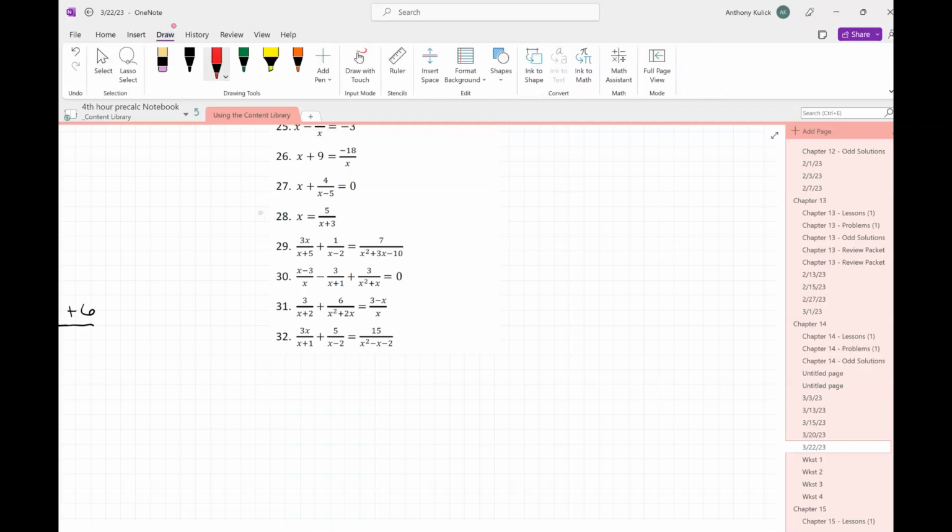I'm just going to pick 32. So what I'm going to do is start by factoring all the denominators. The other two denominators are prime, so there's nothing to do there.